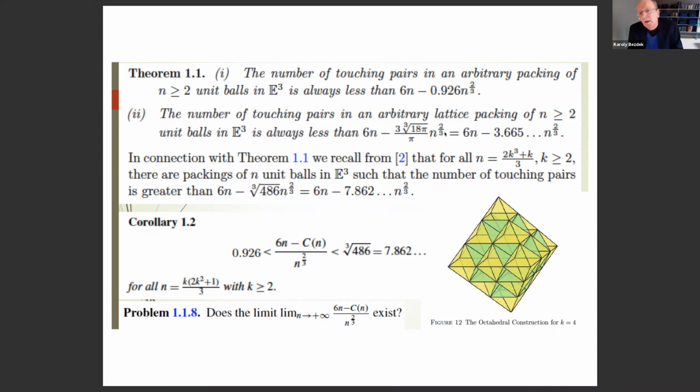But actually what is proved behind the scenes is that if we take an arbitrary lattice packing of n unit balls, then its contact number is upper bounded by the maximum contact number of packings of n unit balls centered at lattice points of the face-centered cubic lattice. In other words, the face-centered cubic lattice turns out to be extremal.